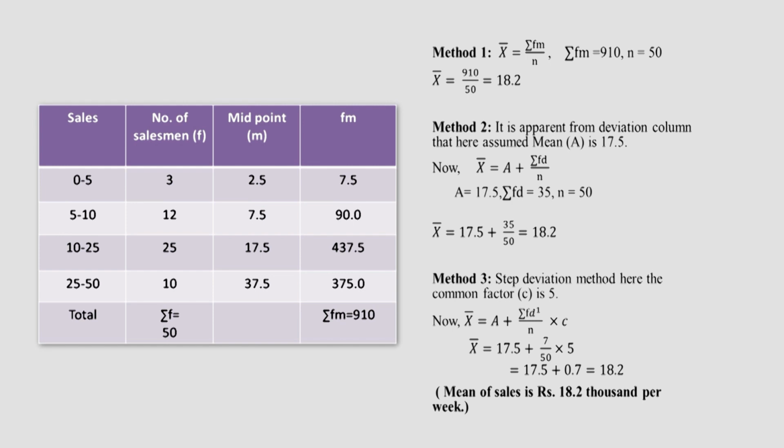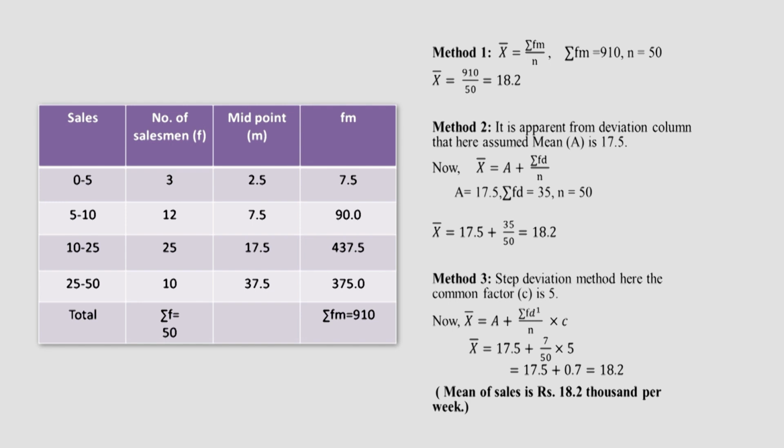Now, we have to do the summation of fm. If you add up all the numbers, which numbers? 7.5, 90.0, 437.5 and 375.0, you get a value of 910. So what do we do? Simple. Summation fm, earlier you were writing x.